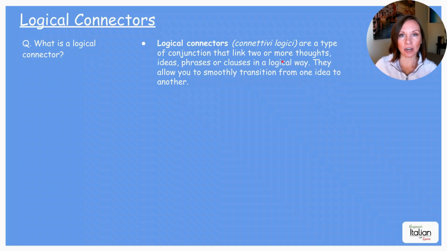And logical connectors, there's a whole long list of these connectors that you can use to connect larger sections of a sentence together. As this says, links two or more thoughts, ideas, phrases, or clauses in a logical way.